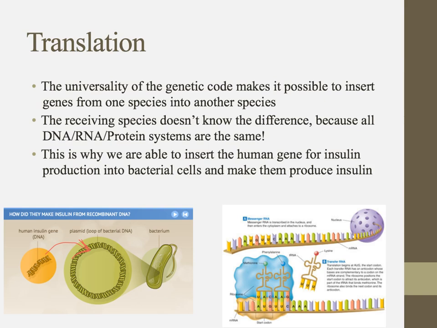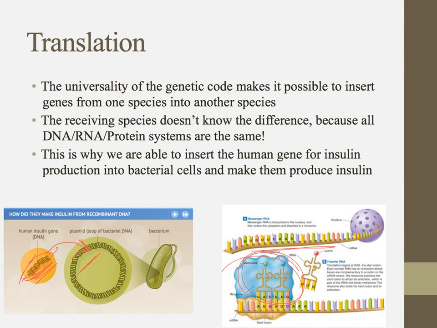So once that gene is inserted into here, those codes get transcribed and translated just the same as it would if it were in a human. These A's, T's, G's, and C's mean the same thing in humans as they do in bacteria.